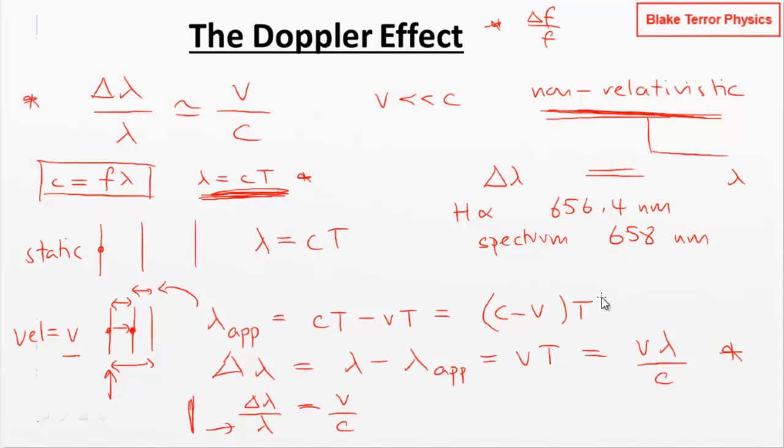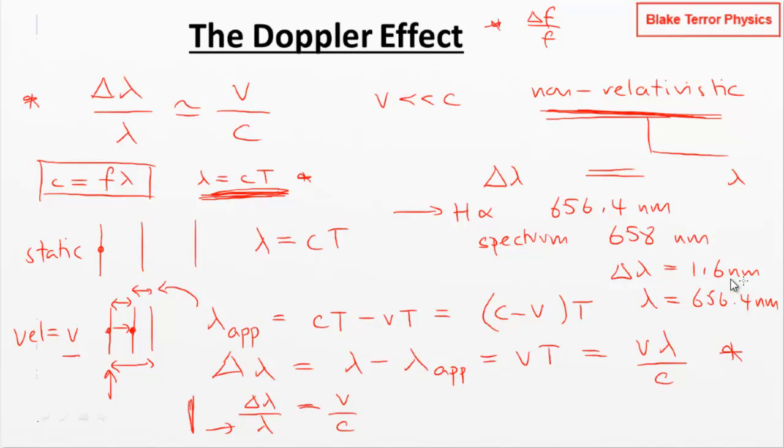So we've got a little bit of redshift going on here because the wavelength has gone up. Then we're saying the change in the wavelength, fine, that is 1.6 nanometers. But the wavelength we want to use in the formula on the denominator is for the static source. So lambda is the 656.4 nanometers.